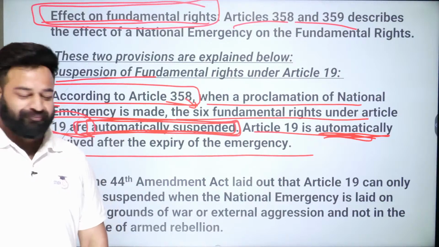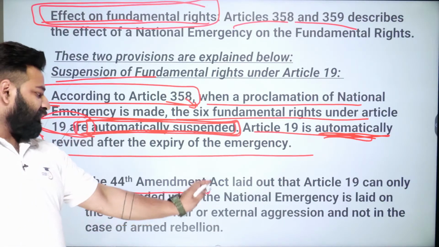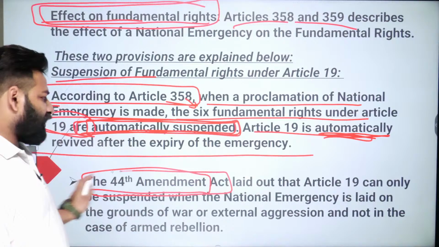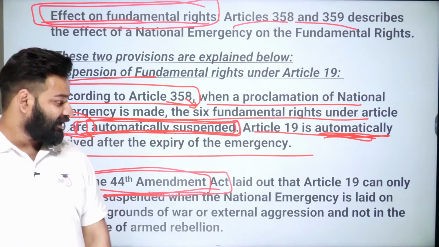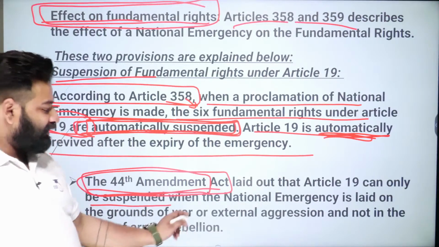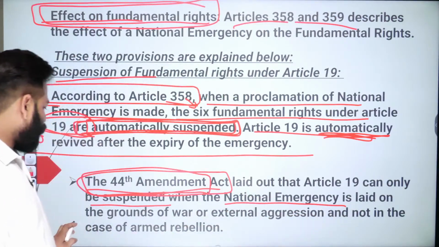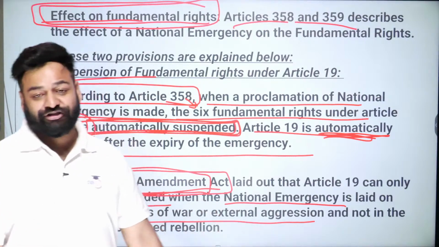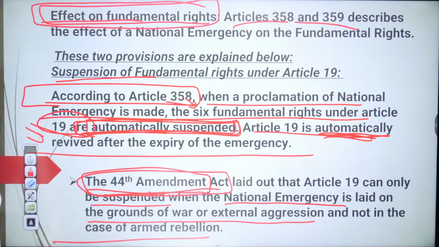Next, the 44th Constitutional Amendment Act laid out that article 19 can only be suspended when the national emergency is declared on the grounds of war or external aggression and not on the grounds of armed rebellion.